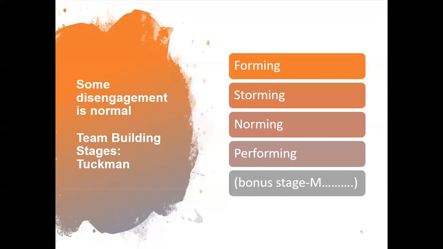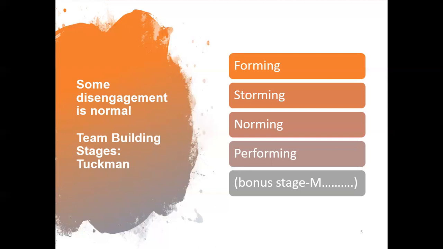Okay, and we may constantly think that there's something wrong with our learners, but the more we can appreciate the stages that the groups go through, we can just go, all right, great. Right now, they are in the storming stage, or right now, they're in the norming stage. Okay, and I just need to keep working with them to get to the performing stage.